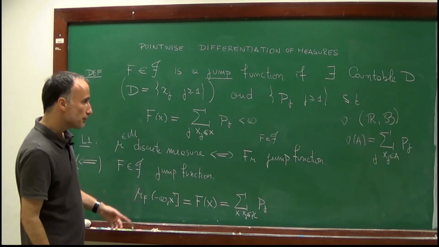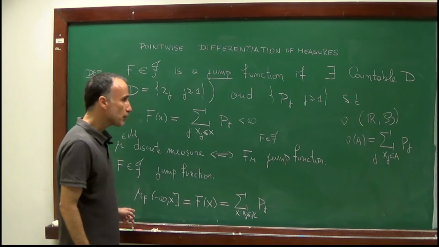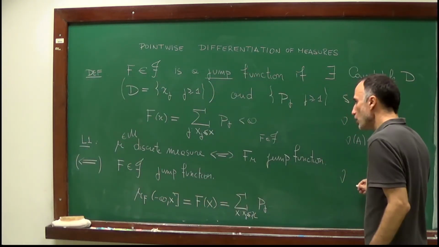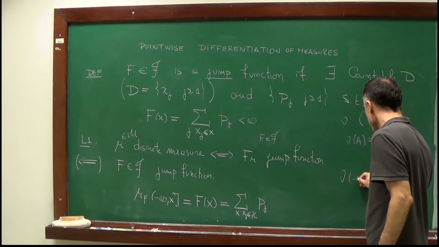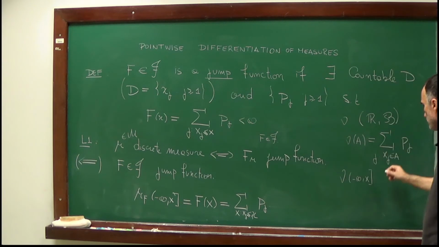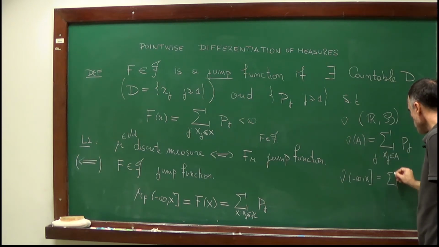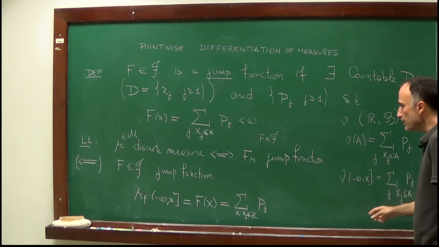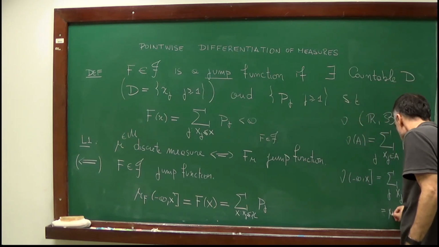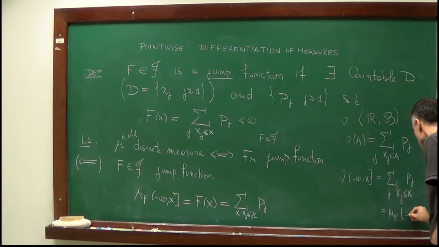And now observe that nu and mu f coincide for these sets, because if I take nu of minus infinity x, by this formula, this is just the sum over all j for which x_j is less or equal than x of p_j. And this is exactly the formula we have for mu f. Okay?